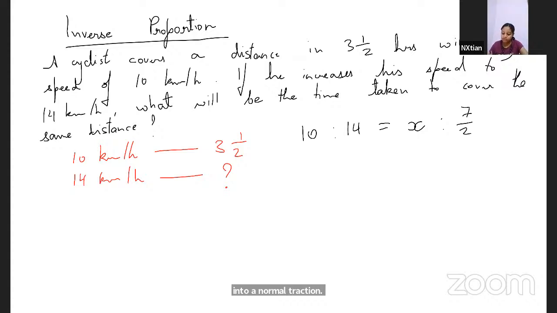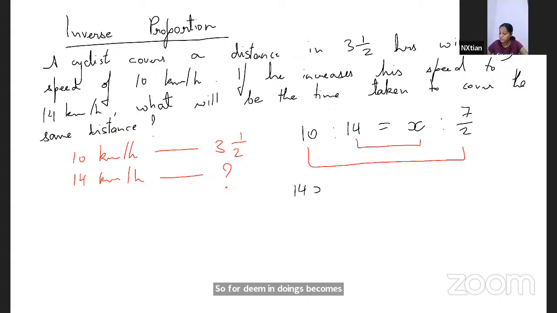Now we will multiply these and these, the means and the extremes. So 14 into x becomes 14x equals 10 into 7 by 2.